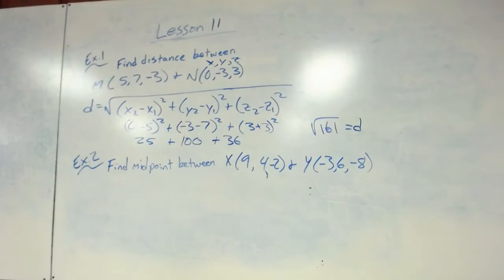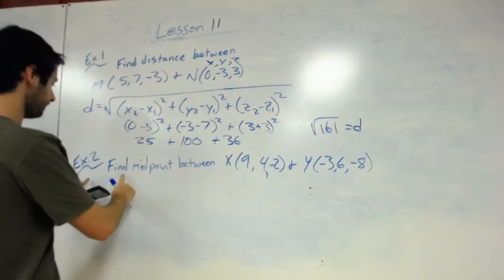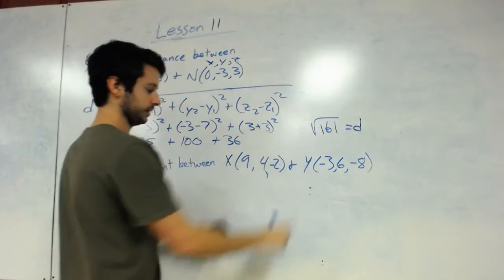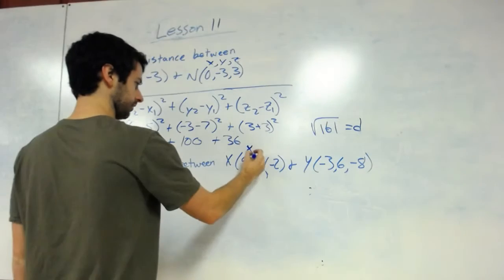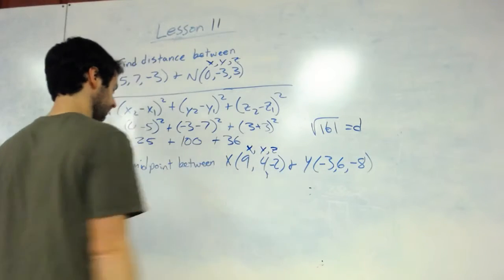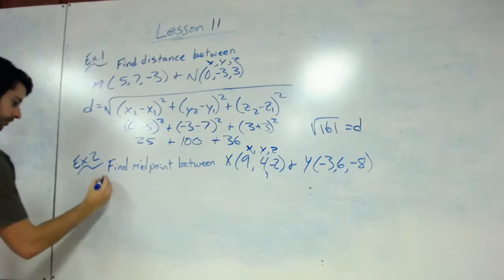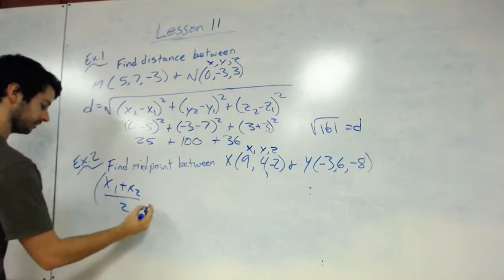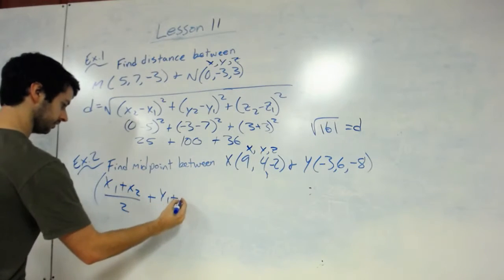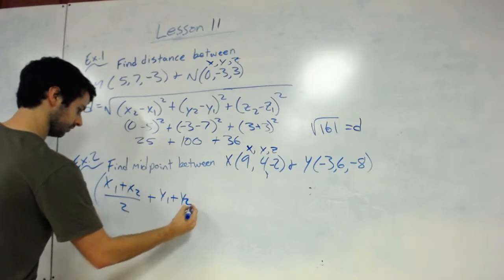Now we're going to look at midpoint. So example 2 says find the midpoint between our two three-dimensional coordinates. Once again, we have our x, y, and z coordinate. If you remember, the midpoint formula is x of 1 plus x of 2 divided by 2, and y of 1 plus y of 2 divided by 2.